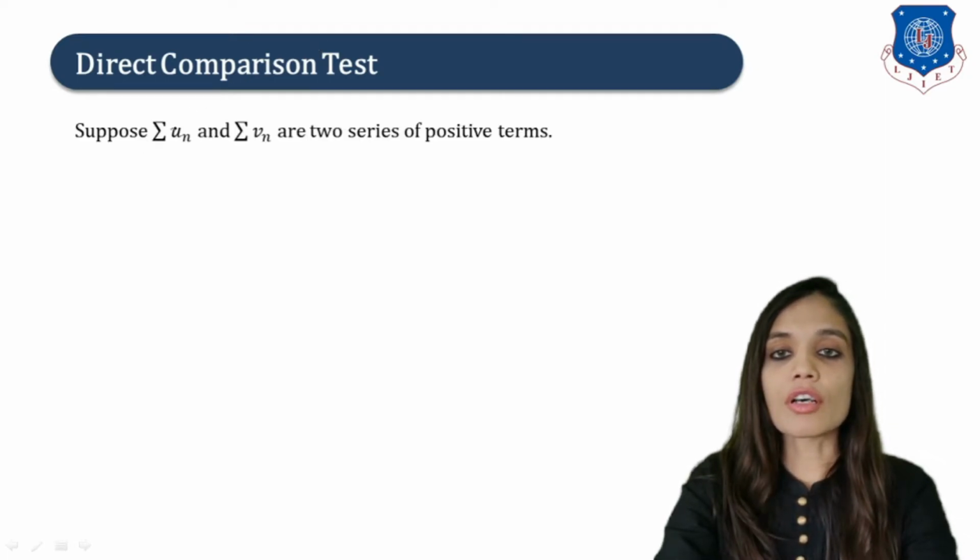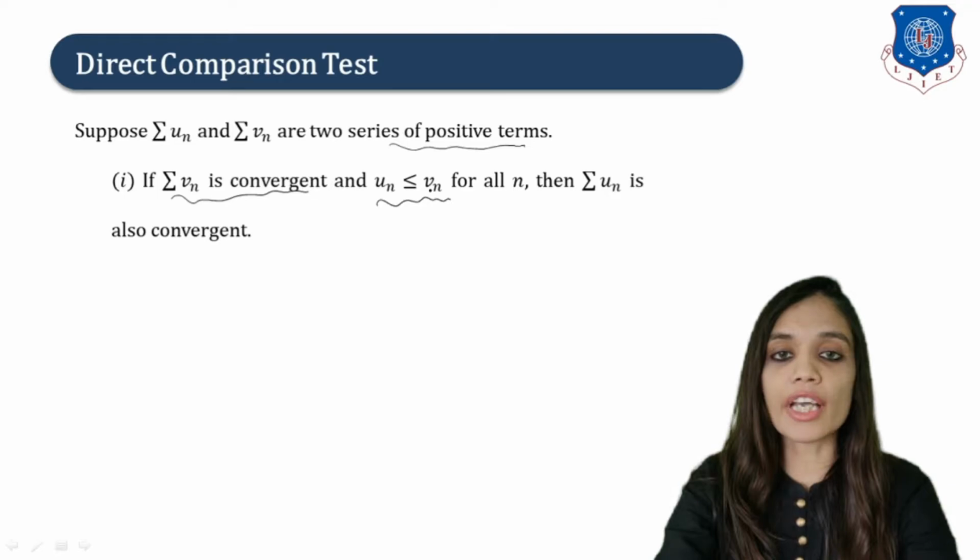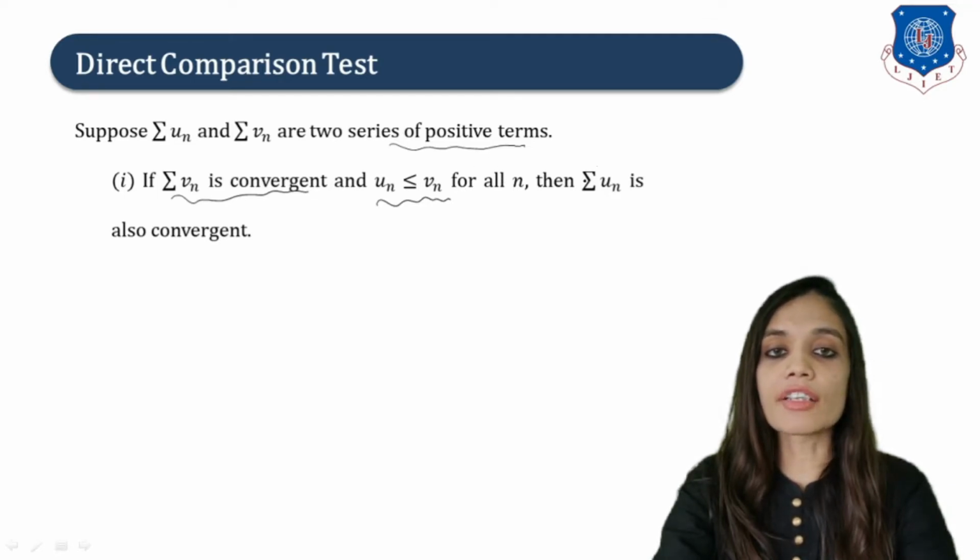So if summation Un and Vn are two positive term series, then if series Vn is convergent and Un less than or equal to Vn for all n, then Un is also convergent, right?